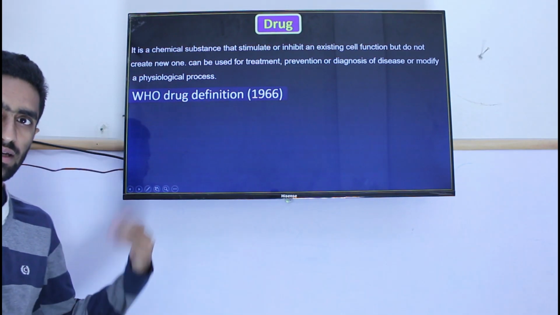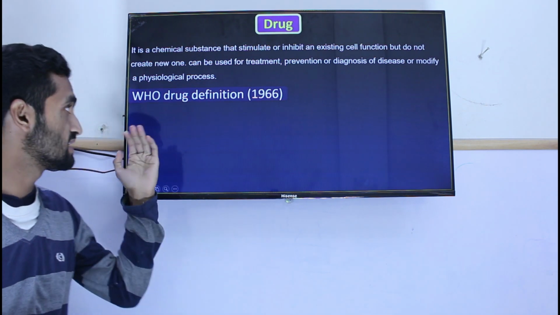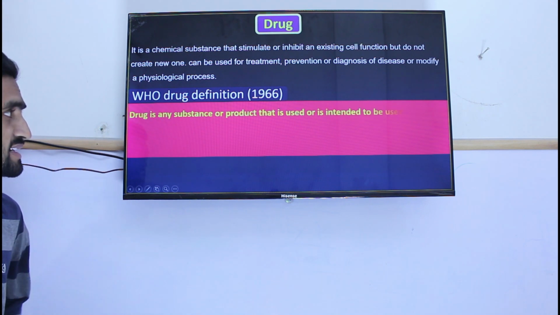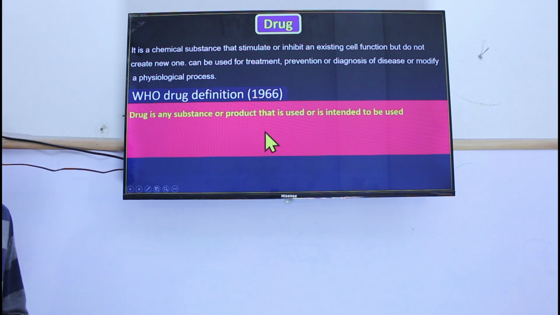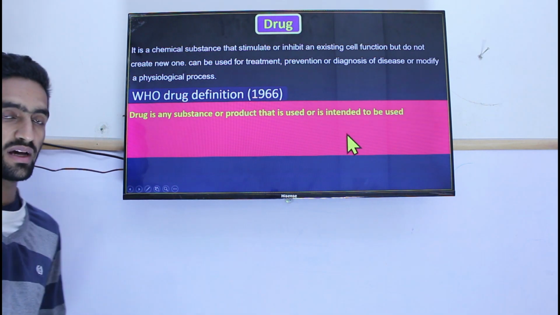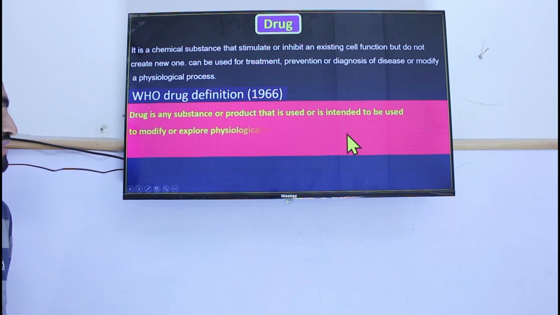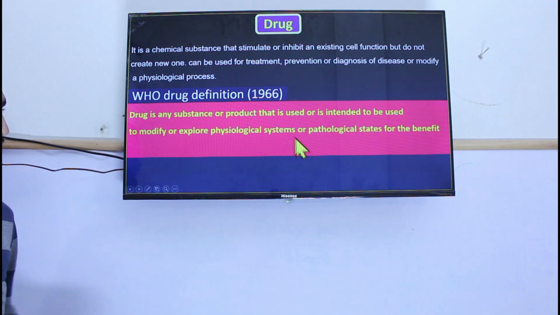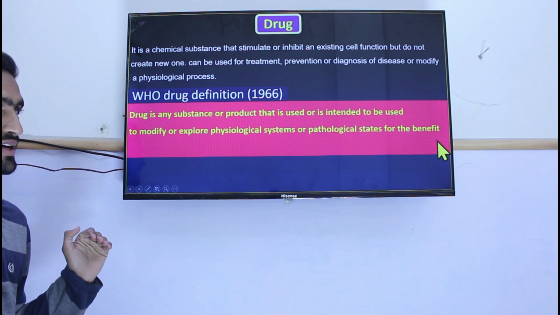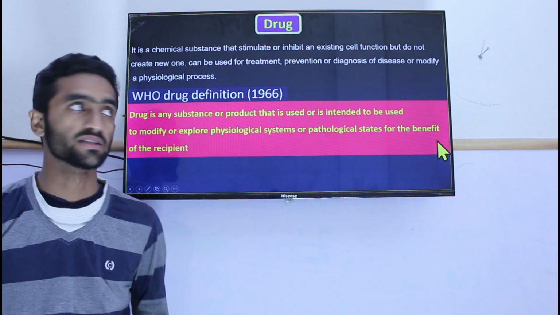But the WHO, in 1966, gave a better definition. A drug is any substance or product that is used or intended to be used to modify or explore the physiological system or pathological state for the benefit of the recipient. Recipient here means the patient.